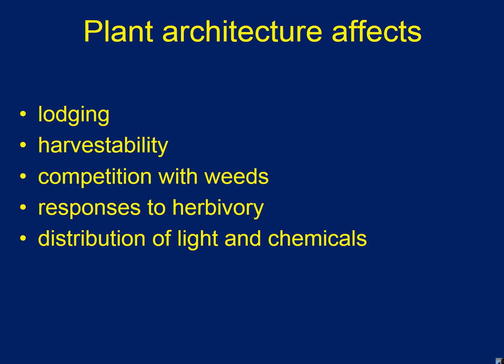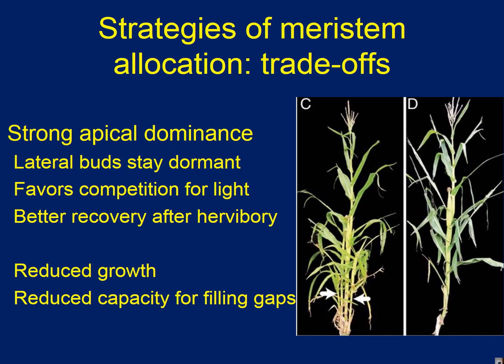So what happens if the plant is cut at different heights, and the distribution of light and chemicals that we might apply. The strategies of meristem allocation imply the existence of trade-offs. We win some and we lose some.